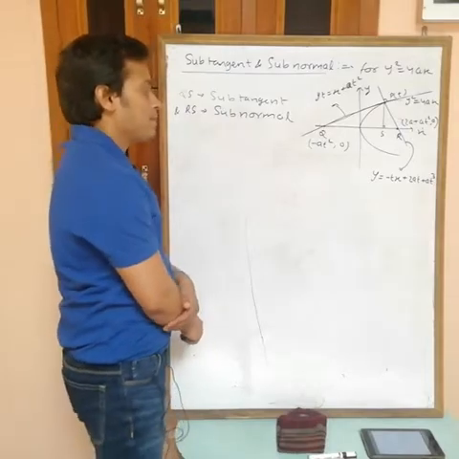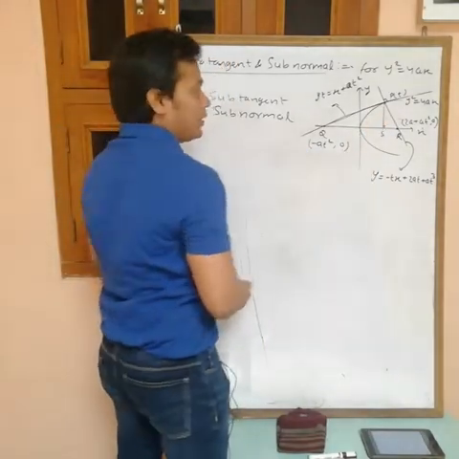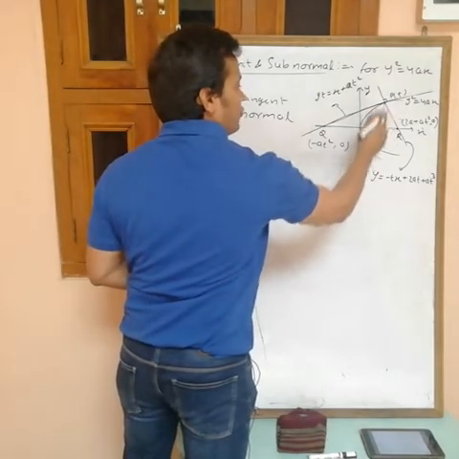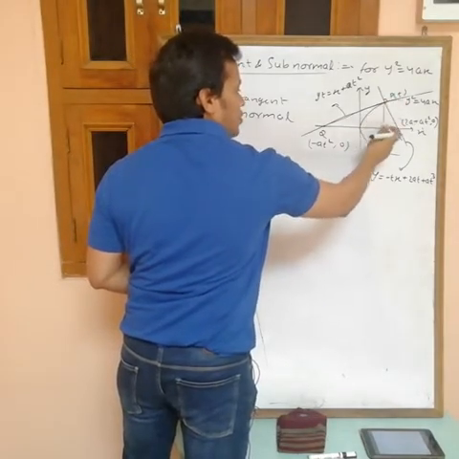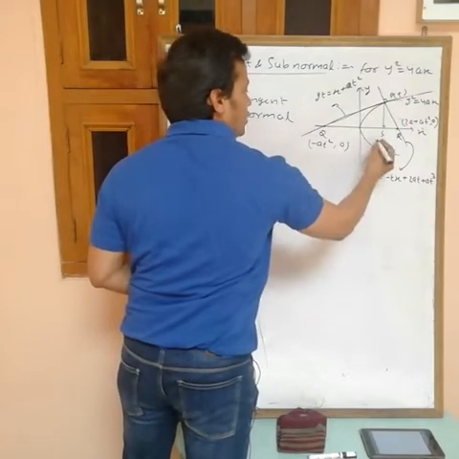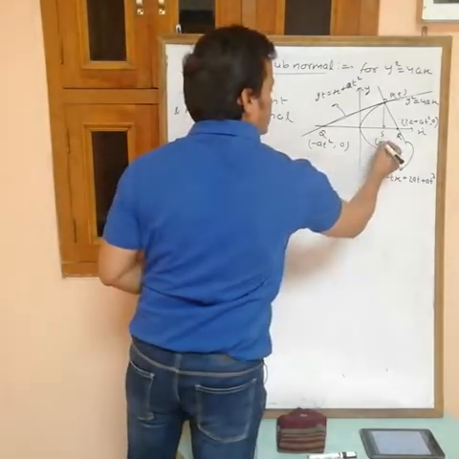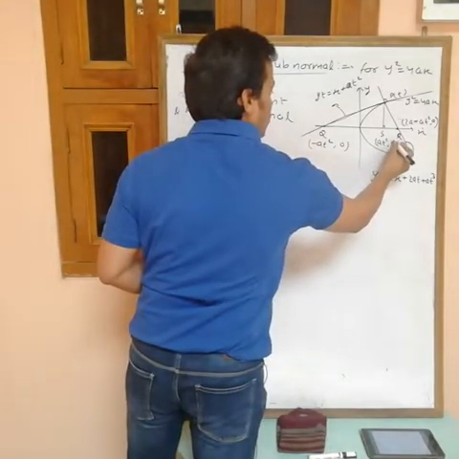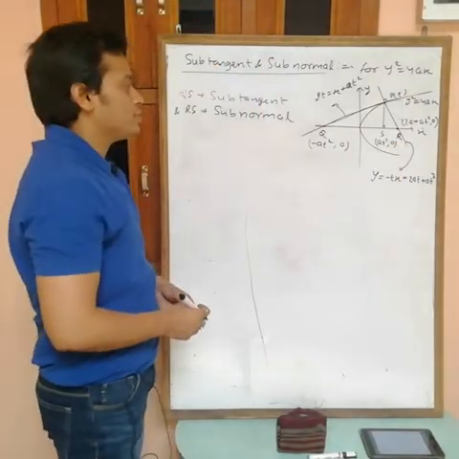Actually easily. This is the foot of perpendicular from P, so the x coordinate is the same for both, because the coordinate of P is x comma y. The x coordinate of P is at square, so the x coordinate of S is at square, comma 0, because it lies on the x axis, so obviously the y coordinate is 0.